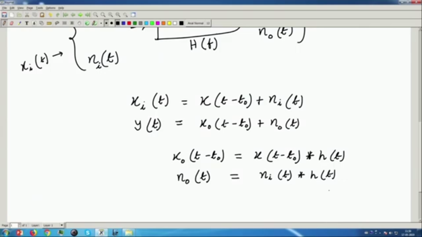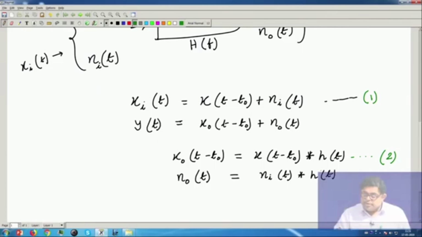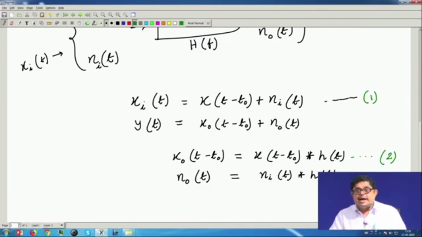Let me call the first one equation number 1, and this one equation number 2. I am not writing this in the strict functional sense, because n_o(t) equal to this does not have any meaning.